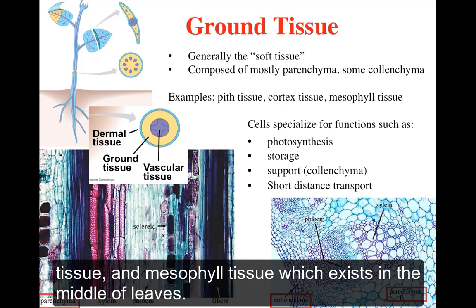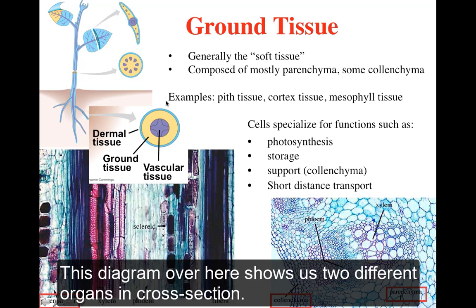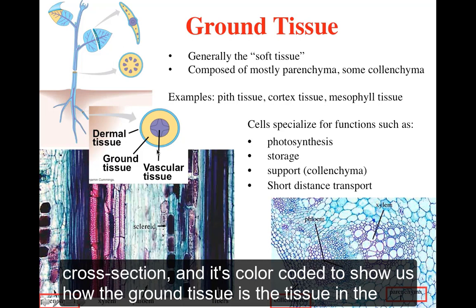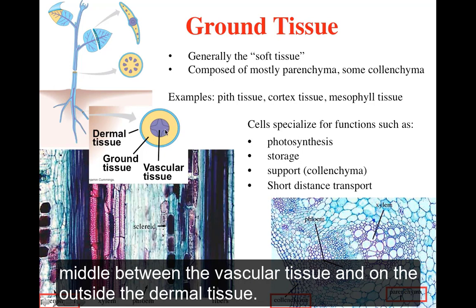This diagram over here shows us two different organs in cross-section. Up here we have the stem in cross-section, and down here we have a root organ in cross-section, and it's color-coded to show us how the ground tissue is the tissue in the middle, between the vascular tissue and on the outside the dermal tissue.